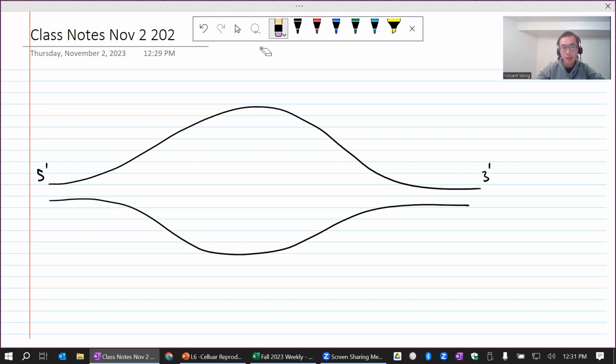You should draw this out as well, because there's some new information coming your way. The other one is going to be anti-parallel, which is why it's going to be 3' to 5' at the bottom.